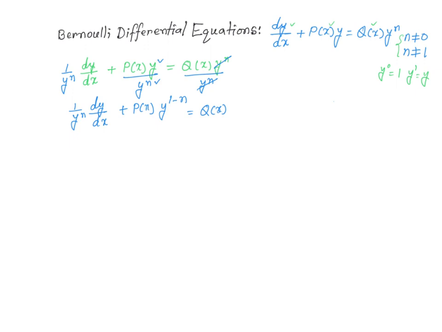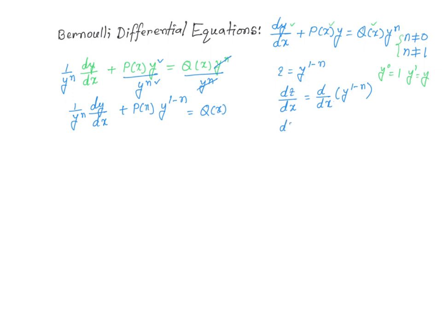So what I'm going to do is say z is equal to y to the power 1 minus n. That means my derivative of z with respect to x is going to be equal to the derivative of y to the power 1 minus n with respect to x.